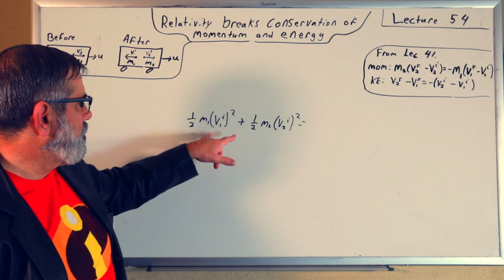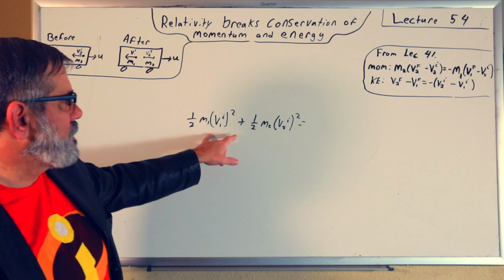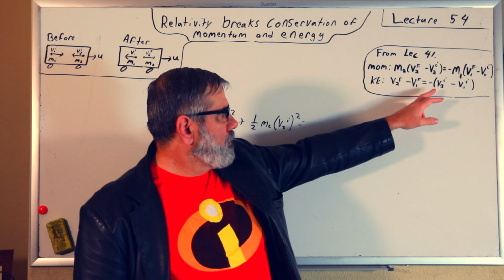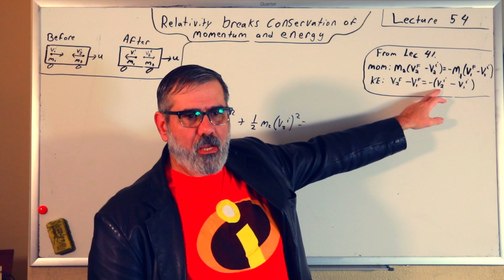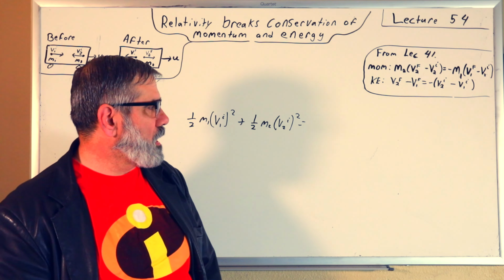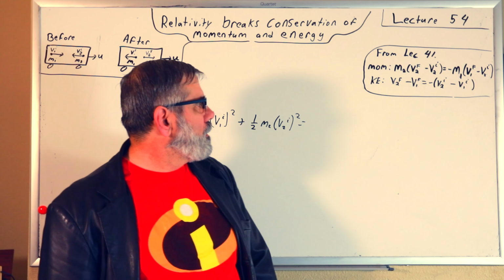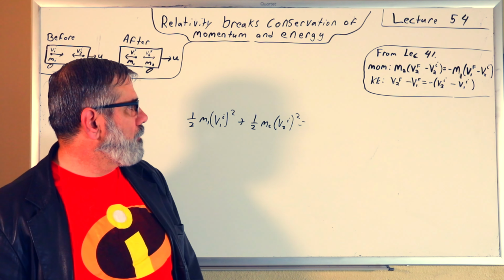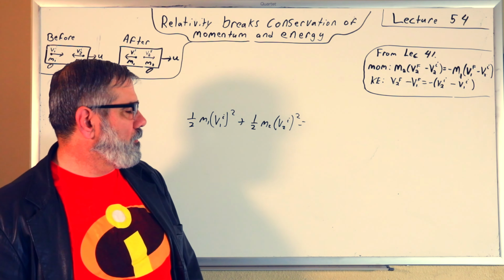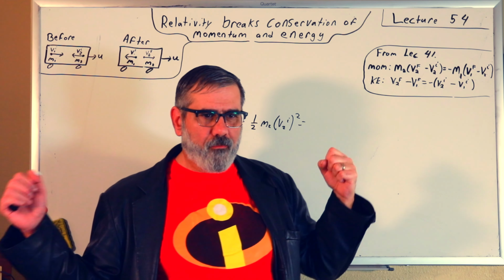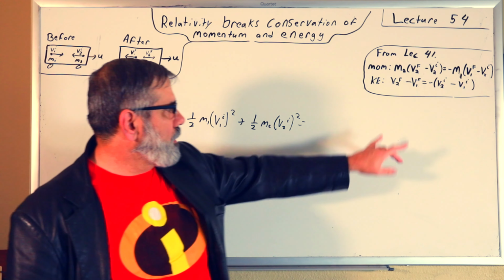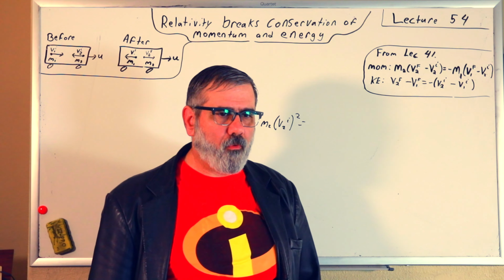And again, we take this equation, we combine it with conservation of momentum, we can simplify it, and we'll get this equation here, which says that the negative of the velocity of recession, so the difference in the velocity of recession, will be equal to the difference in the initial and the final velocity. God, I got that backwards, didn't I? Should this be final? Yes, of course. This is the velocity of recession, how fast the objects move away from each other, is the negative of the velocity of approach initially. So that's what this says. That was the result that we got in lecture 41.